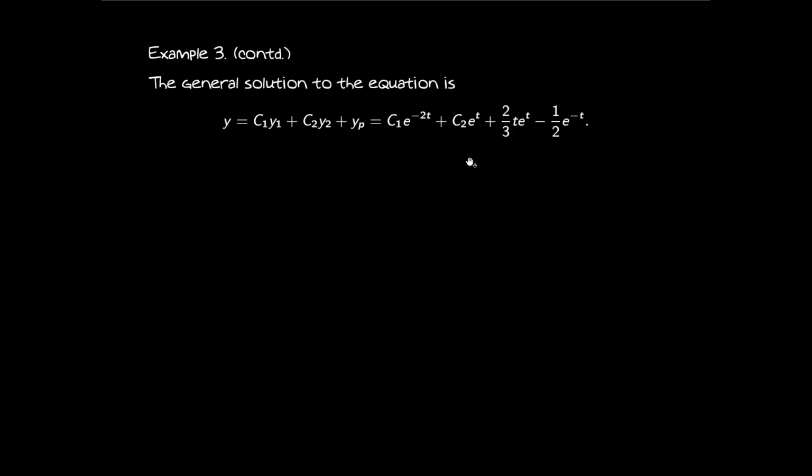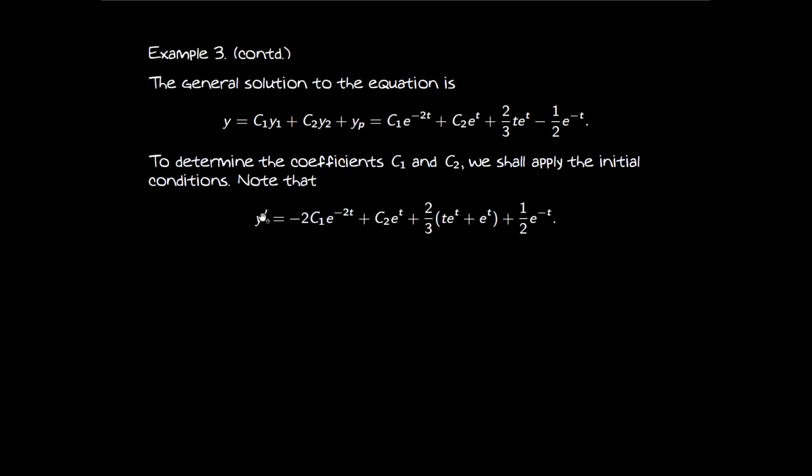And to do that, we have to find y prime, because one condition is for y prime. So here, for the first 2 terms, you can get the derivatives directly. And then for the third term, we have to use the product rule again. And for the last term, we can get this derivative directly, right?